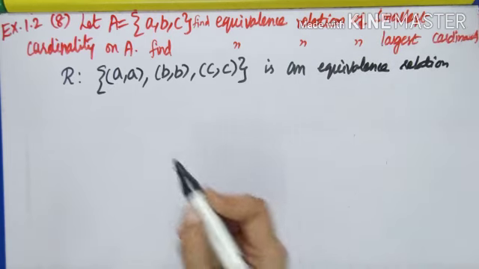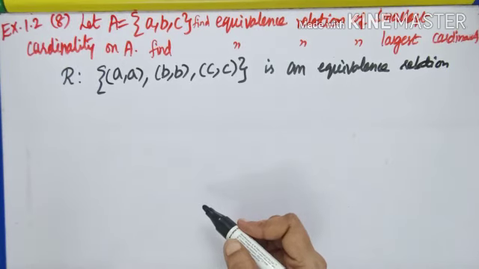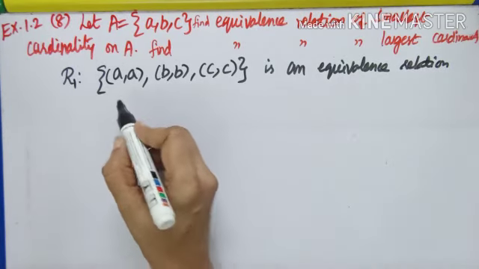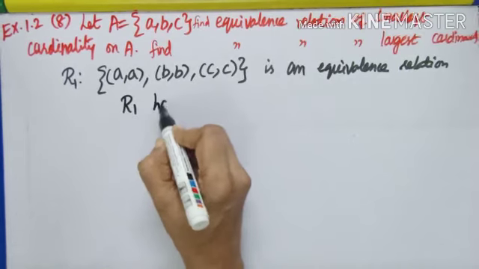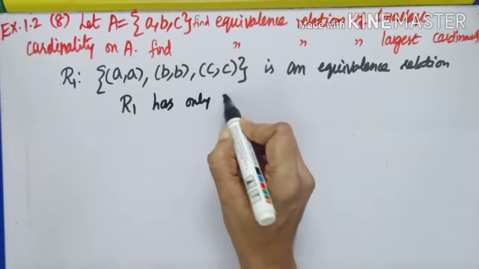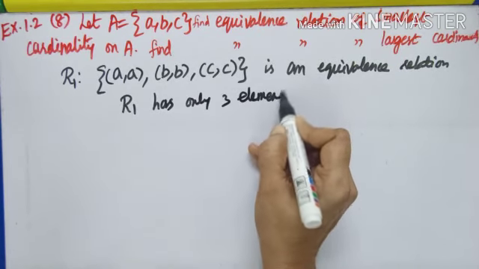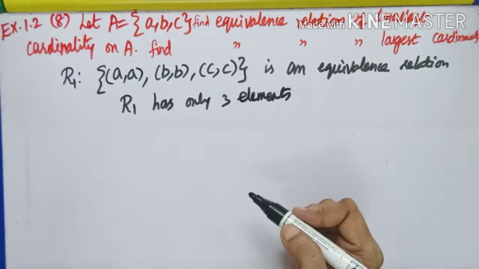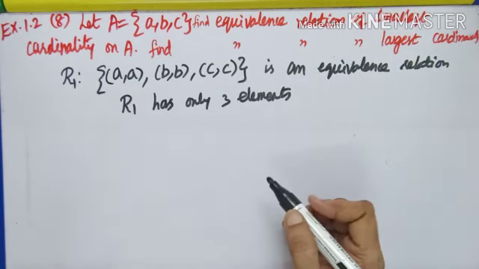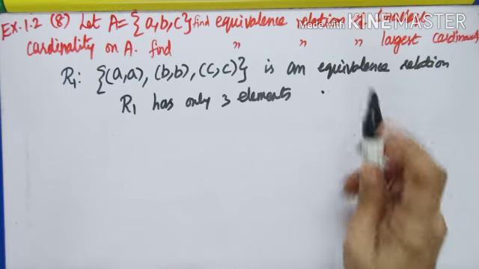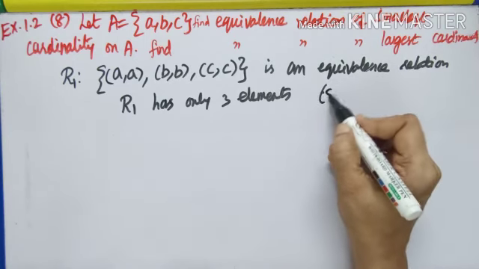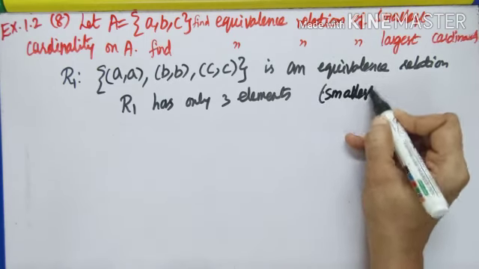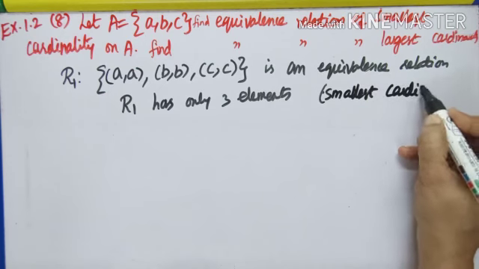So this is of the smallest cardinality I can say. Let me call this R1. So R1 has only 3 elements. When A has 3 elements, the smallest cardinality is also having only 3 elements. So I will say this is the smallest cardinality.